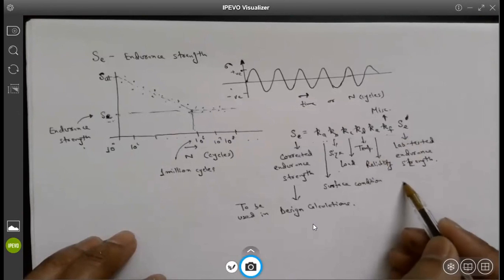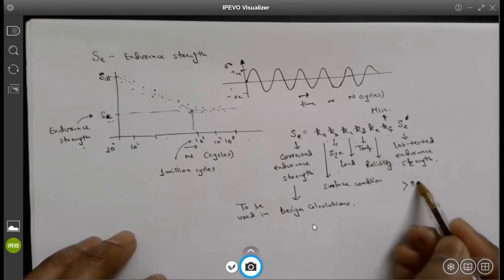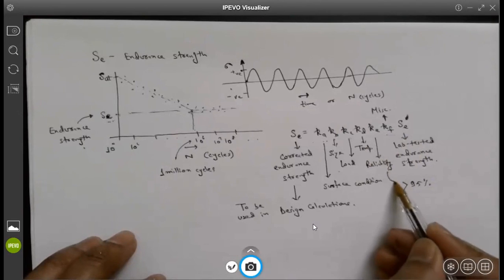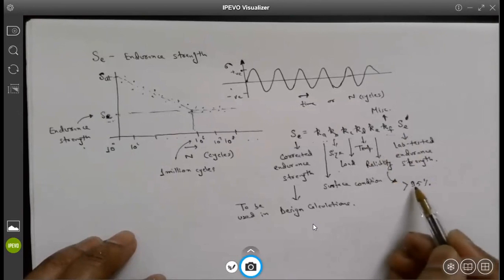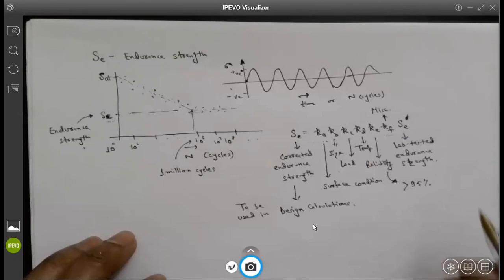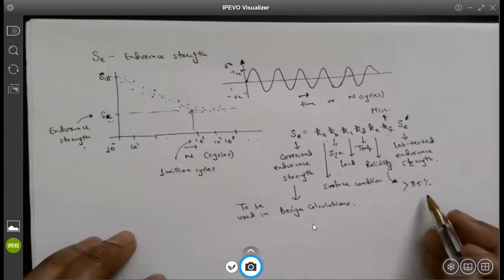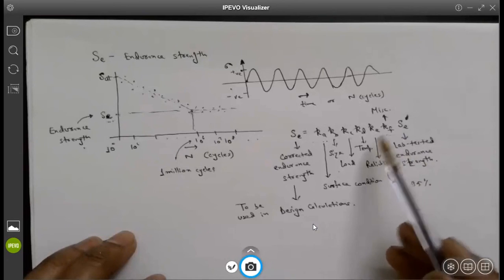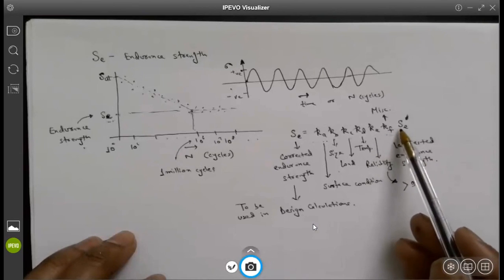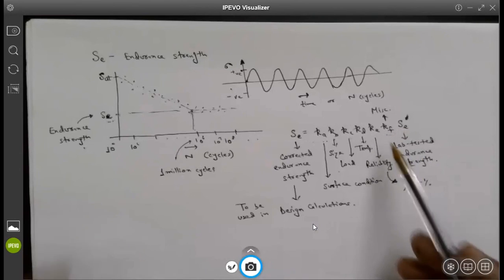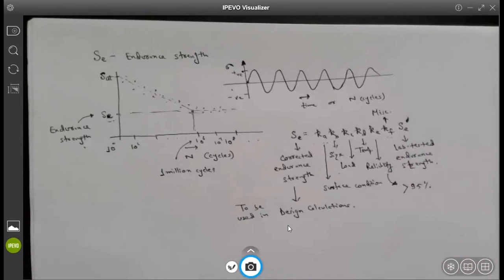Generally, the reliability has to be greater than 95% in design situations. And if you want your reliability to be more than 95%, let's say 96, 97, 98, 99, for every increment of this reliability, you are basically expecting the specific endurance strength to get reduced. So you can get those values from the tables as well. Okay, thank you. Yeah, welcome.